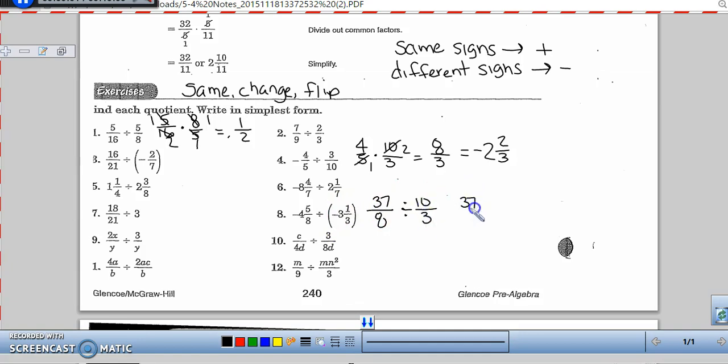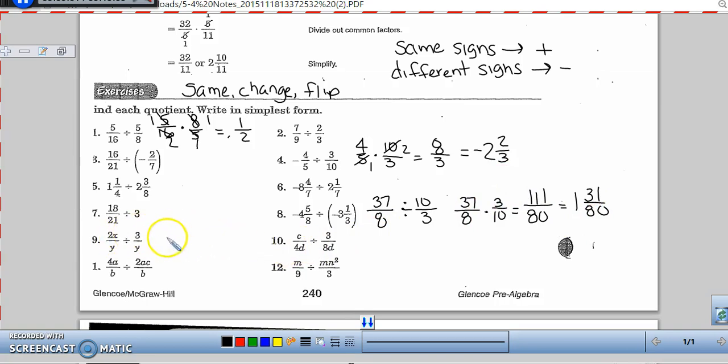And now I'm going to do my same change flip. Unfortunately, there are no cross-canceling opportunities here, so I'm going to multiply across the top and get 111, across the bottom get 80. Not too ugly. 80 goes into 111 one whole time with 31 80ths left over.